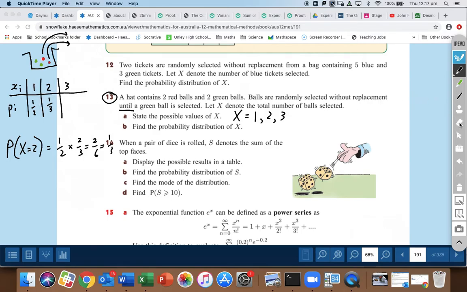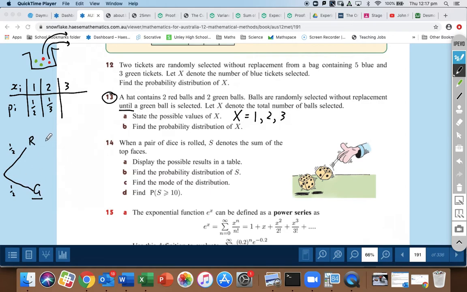Now it might be worth drawing yourself a little tree diagram for this situation. So I'm not sure if I can fit it on here, but we could have got a red ball on the very first draw. There was a half probability that that could have happened, but we could have gone green first, right? And there was a probability of a half that that would happen. Now, this path of the tree is now terminated, it's finished.